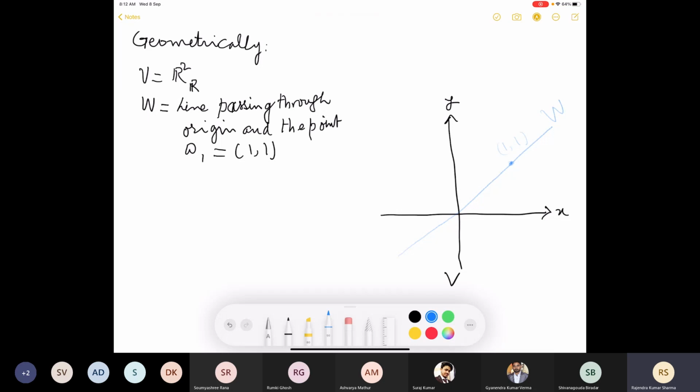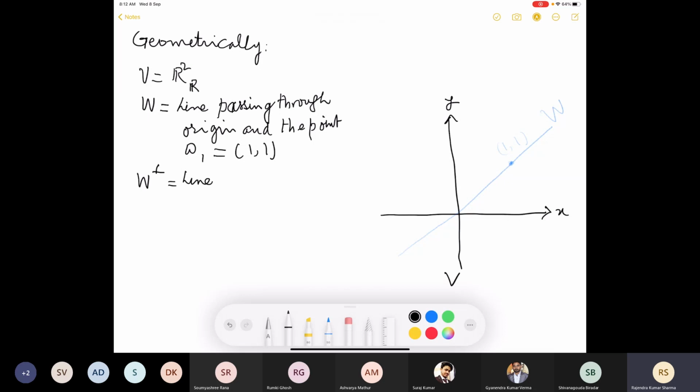Now what is W orthogonal? W orthogonal consists of those points where x plus y is 0, or y is equal to minus x. So this is the line.